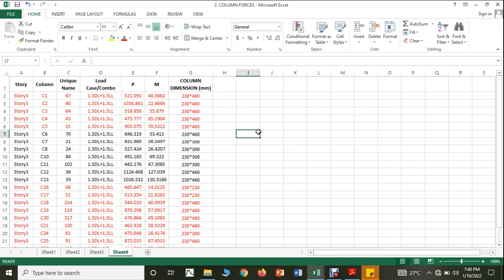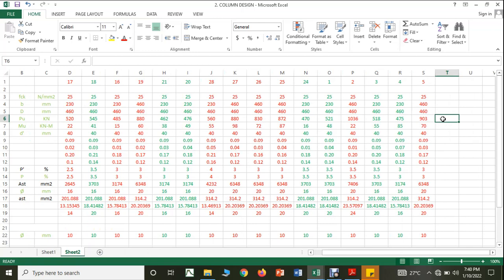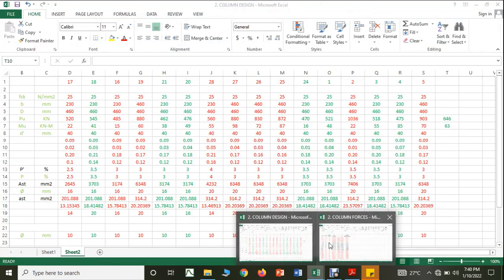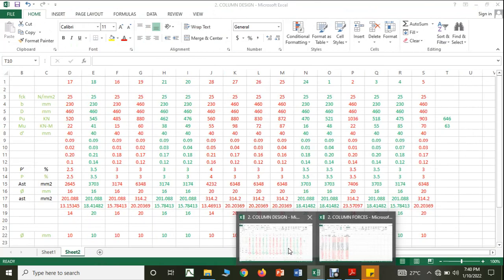Then next you have column number 6. It is 646 and 53. According to this, its dimension, if I see, is again 230 by 460 only.